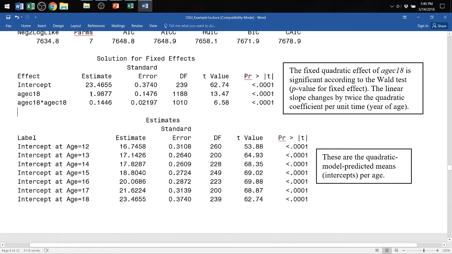This pattern right here, this is the linear slope at age 18. It becomes more positive by twice the quadratic at each additional age. So if this is about 14, it would be more positive by 0.28 per year.